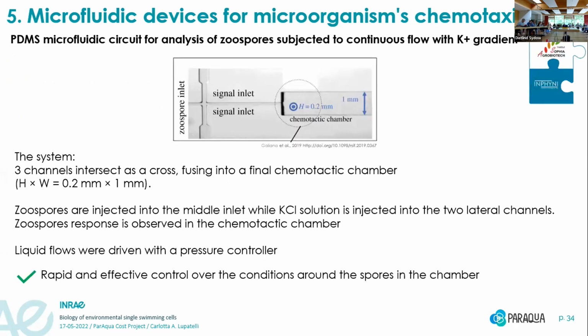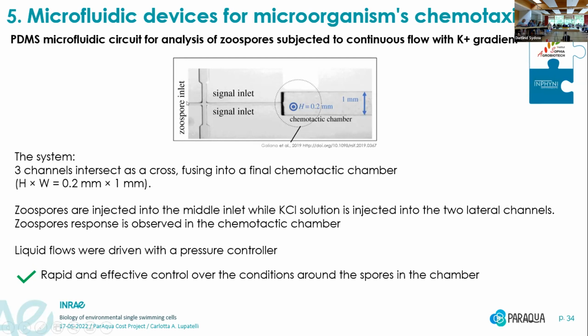This is an example. This is a PDMS microfluidic circuit that we have used to analyze zoospores subjected to a flow of a potassium gradient. As you can see, in this circuit we have basic channels inserted as a cross.